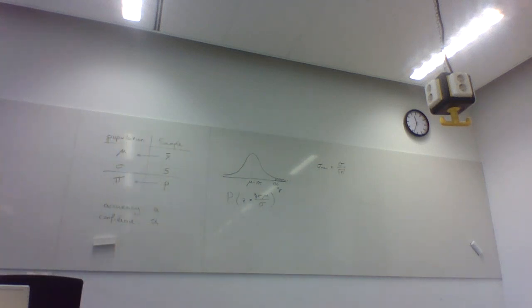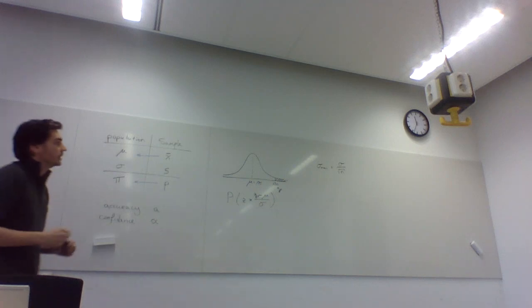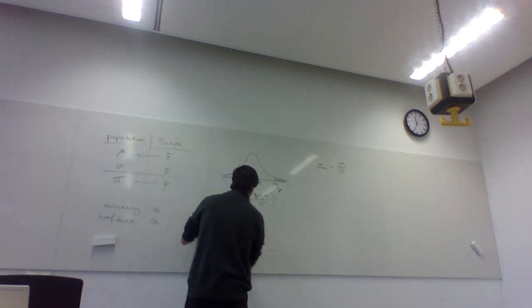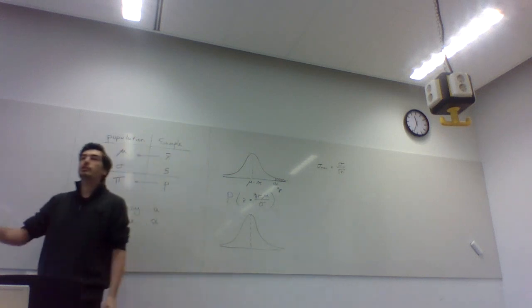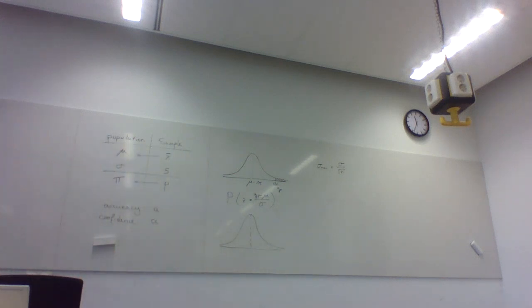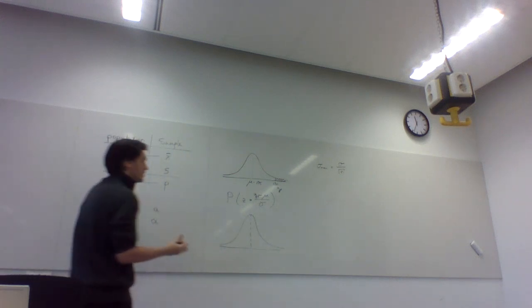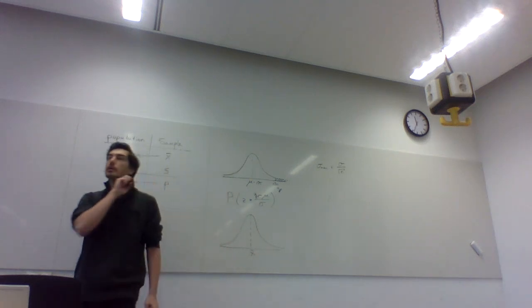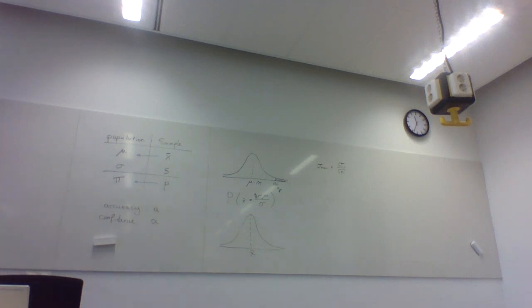Rearranging it gives us these two formulas, and then we can rearrange the whole normal distribution and instead of putting mu in the middle of my normal distribution now, I want to put the sample average in the middle of my normal distribution, because my sample must be normally distributed as well.